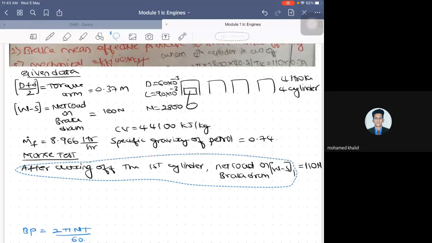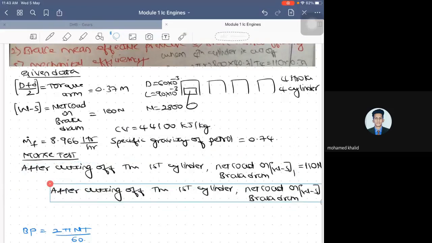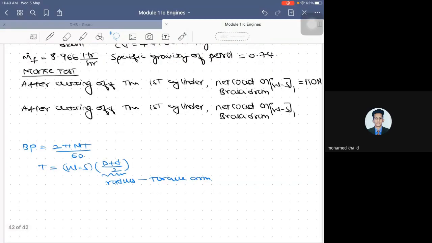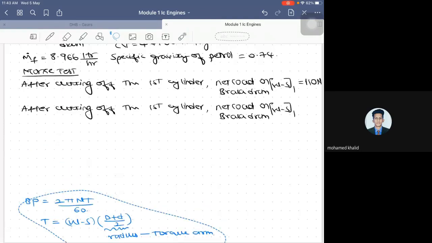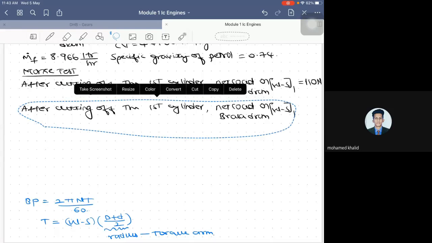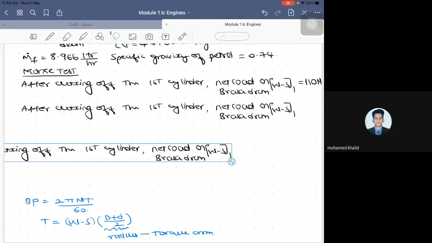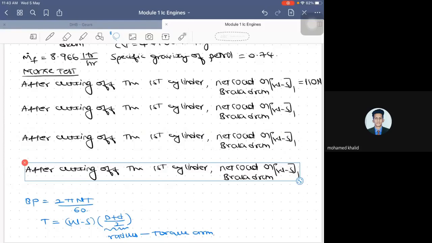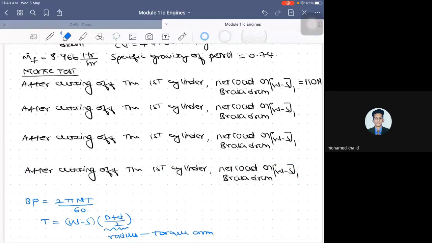Similarly, when the second cylinder is being cut off, W minus S of 2 would be how much?